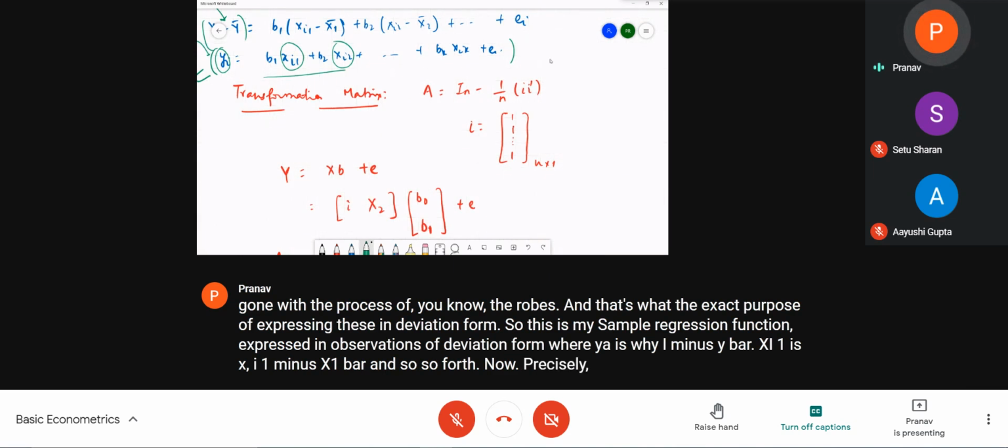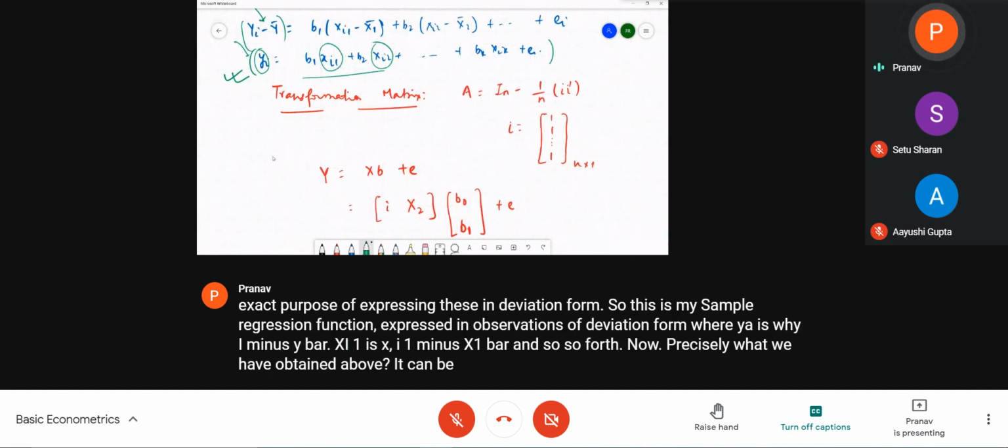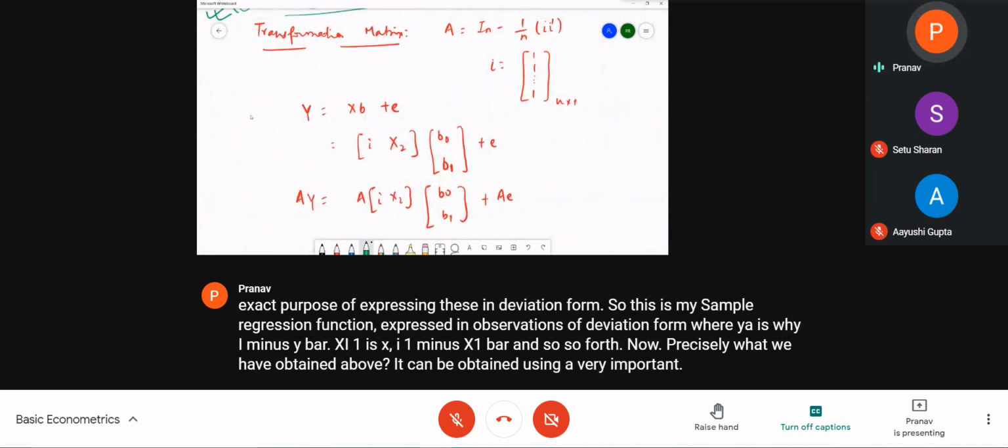Precisely what we have obtained above can be obtained using a very important matrix.